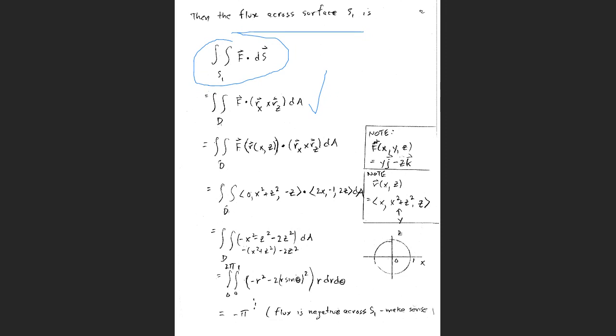We remember that the vector field is a function of position, and position is given by the vector of the two parameters. The tip of that vector traces out the points on the surface. Well, the vector field of the two parameters, R of x and z, is given by components x squared plus z squared, and z.